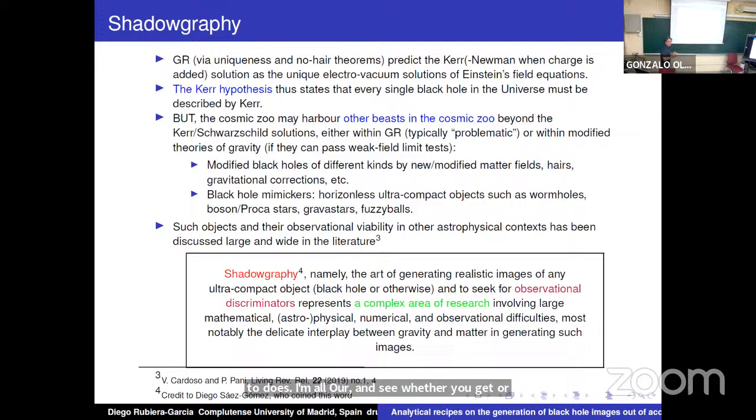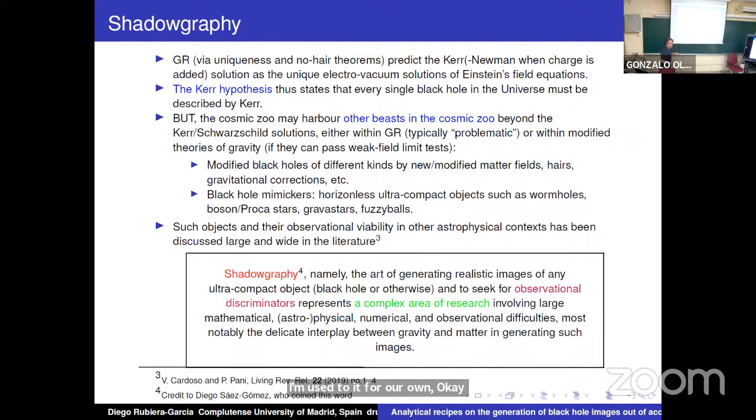To this art of generating images of any compact object under any possible astrophysical scenario, and then comparing with data, within our group we call it pseudography, a word created by Diego Simon, who invented it. We use it for our own projects, and it's very successful work. This comes from cosmography.